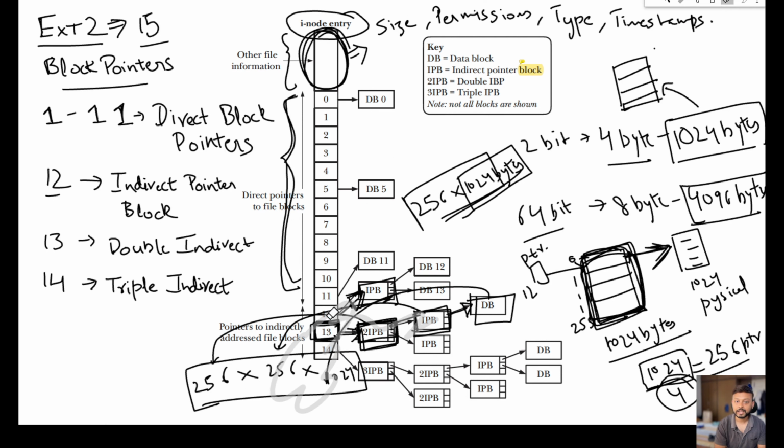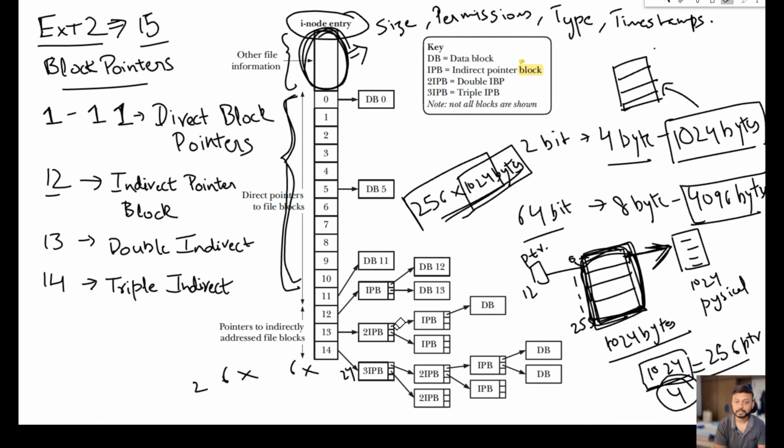For a file size even greater than this, we have a triple indirection pointer at the 15th location of the inode entry. The size of the file that we can store with such indirection is close to 4 TB.